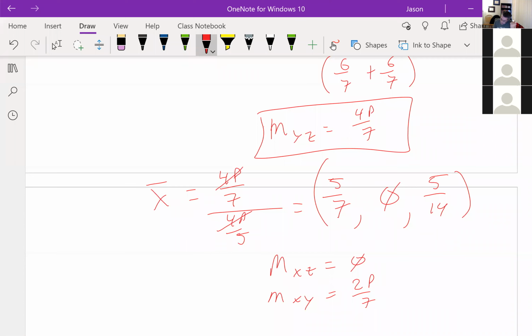So that's going to get me half as much, and half of 5/7 is 5/14. And so this is my center of mass. Again, I did skip over these two, but you can easily convince yourself of that by doing the integrals. The integrals are not that hard.